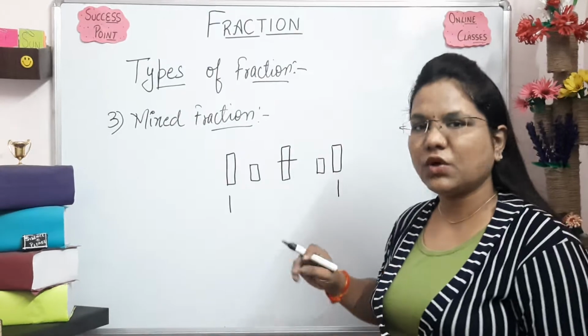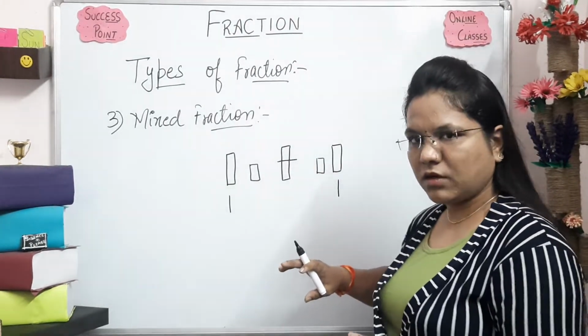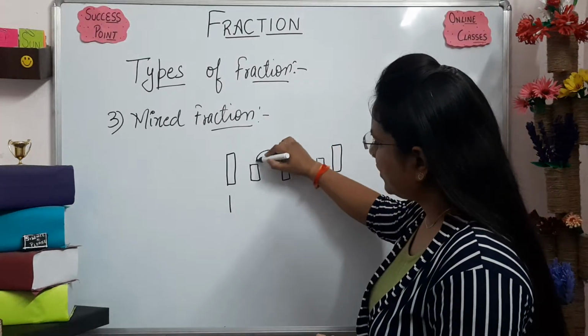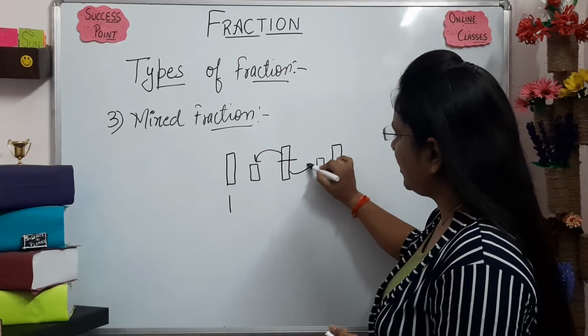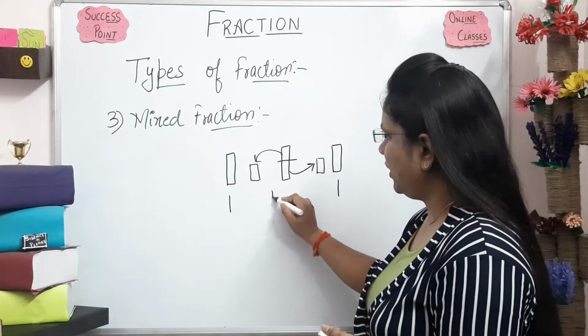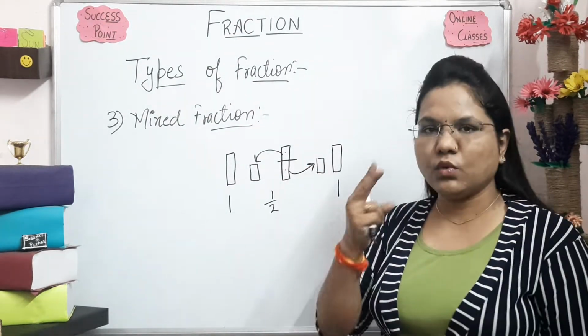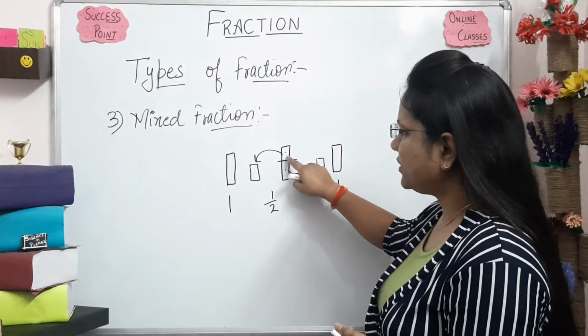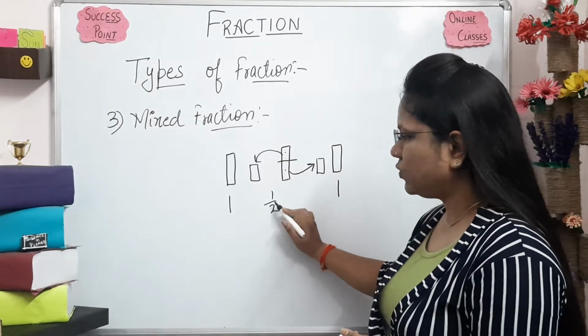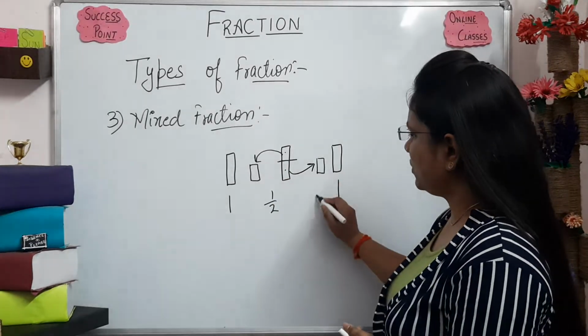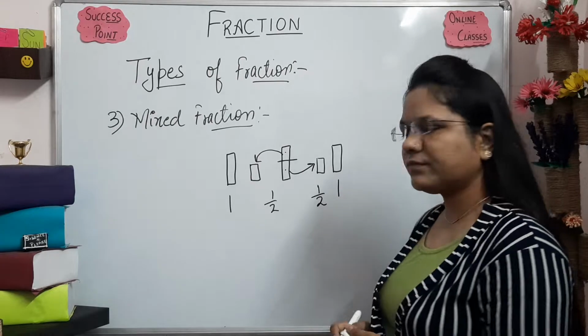I just broke this chalk into 2 parts. So 1 part I took and 1 part I give to you. So it will be half, because total there are 2 parts. Out of this I took 1, that is 1 by 2, and this side also 1 by 2.